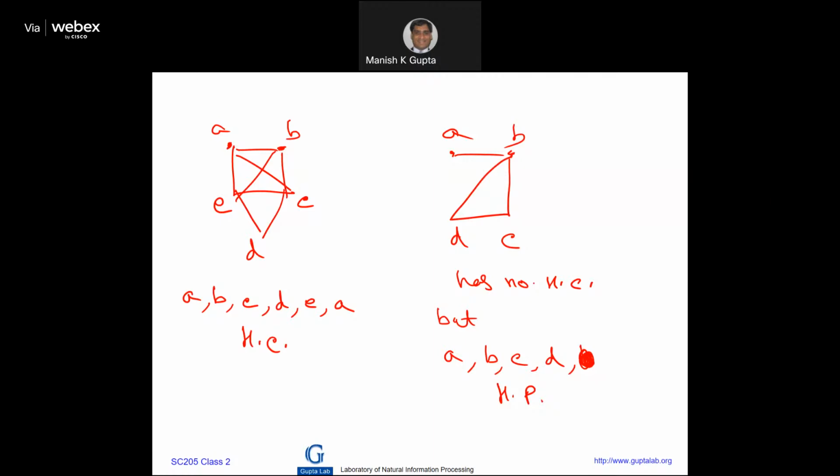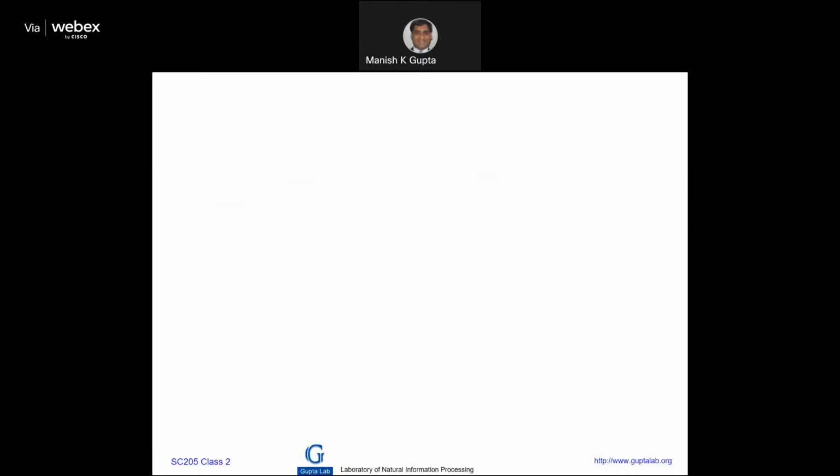I can give you a few more examples. A, B, C, D, E. Can you find a Hamiltonian circuit in this graph?